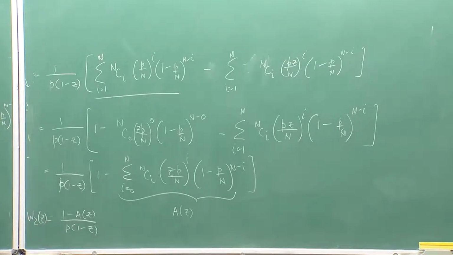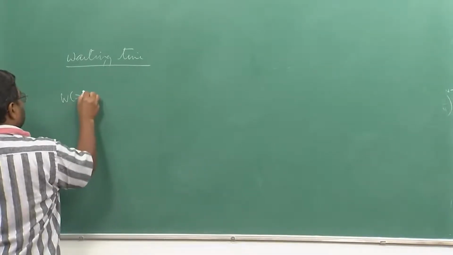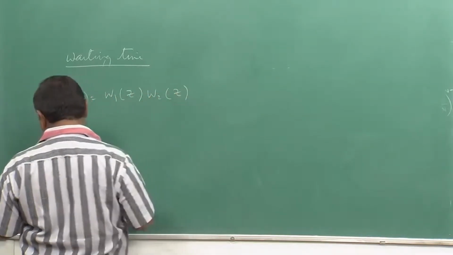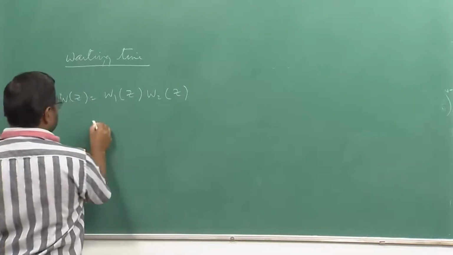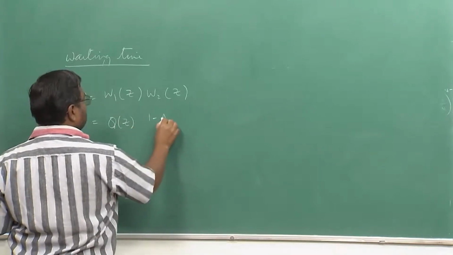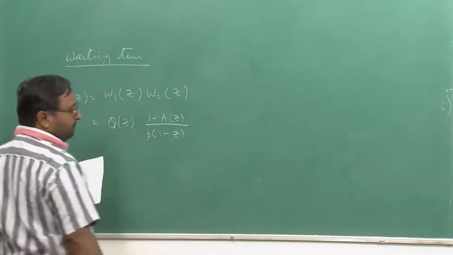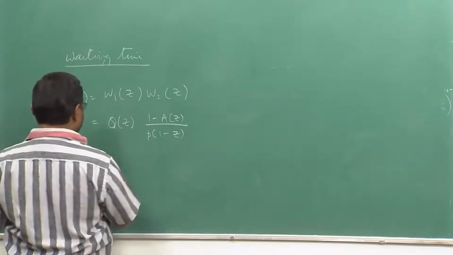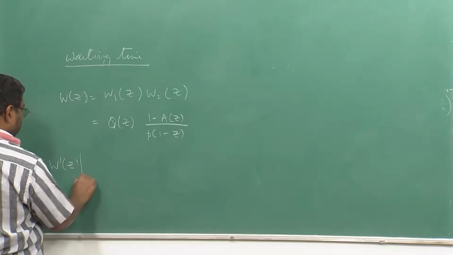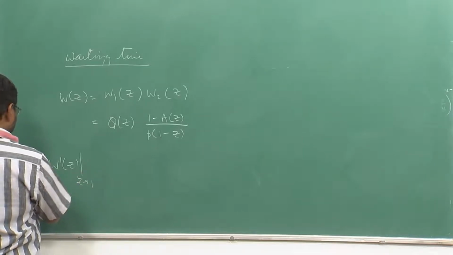So once you have this, I can now solve it. So this will turn out to be, first one is Qz, so W prime of z, you take the derivative, put z goes to 1, that will be your W bar.